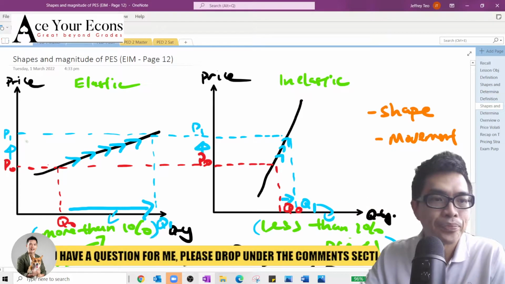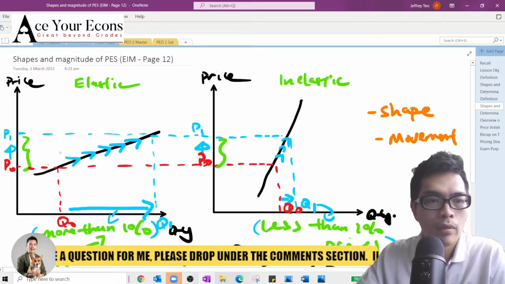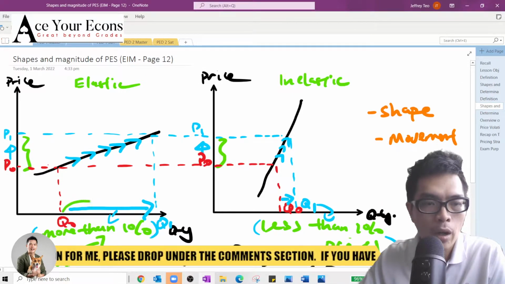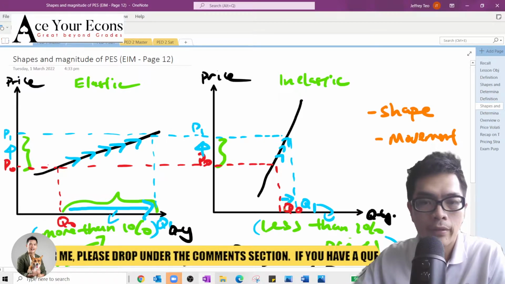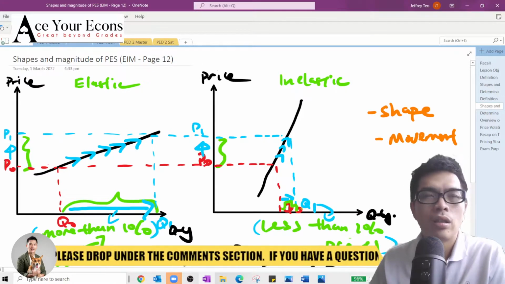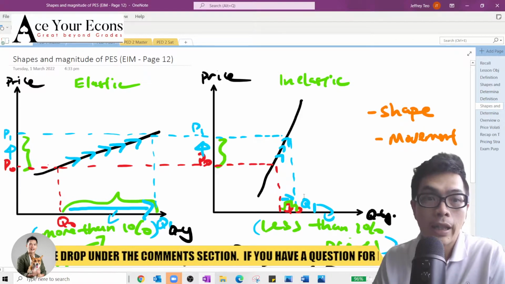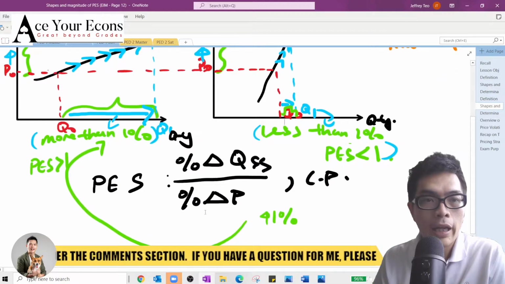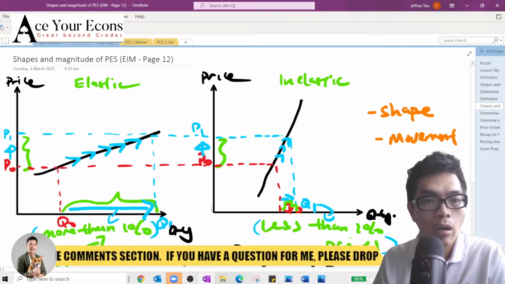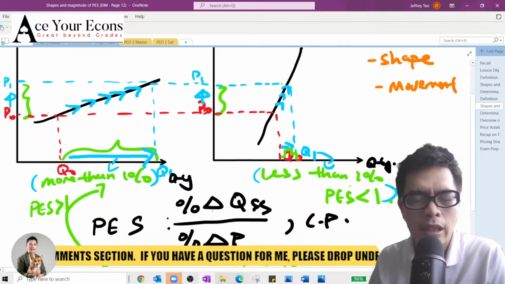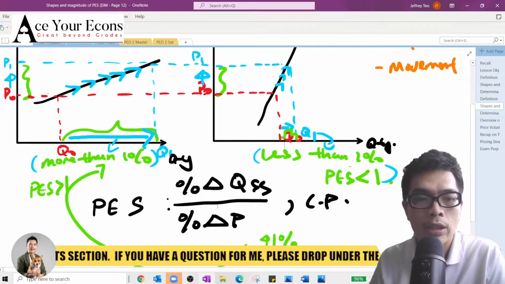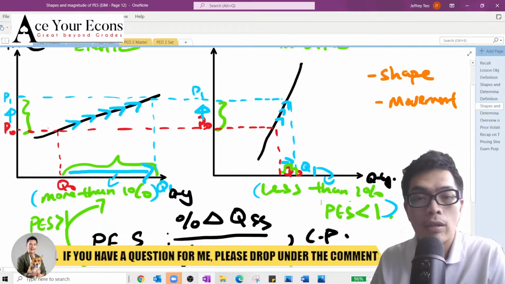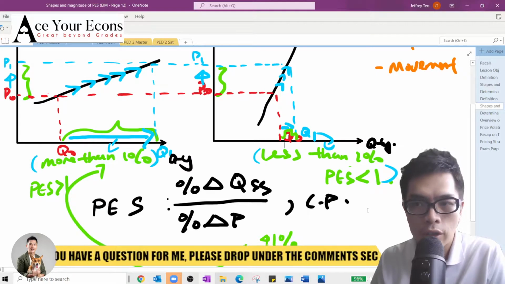Do you see that? It's the same. But the quantity supplied is going to respond more than proportionately on the left side as compared to the right side. Why is that so? The one on the left tells you that your quantity supplied is very sensitive to price, so PES is greater than 1. On the right, PES is lesser than 1. They are not responsive to price changes.